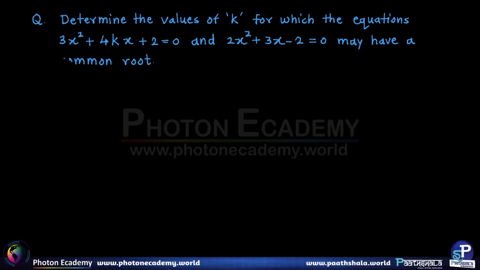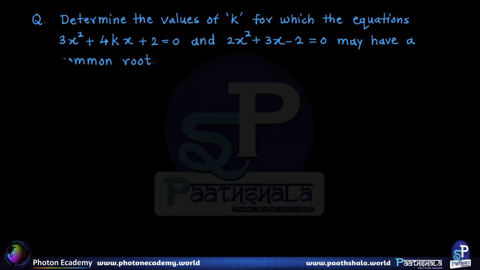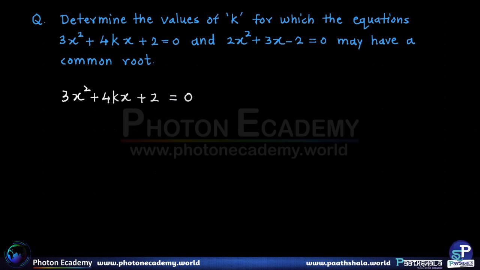Let us write the equations first, that is 3x square plus 4kx plus 2 equal to 0 and 2x square plus 3x minus 2 equal to 0.